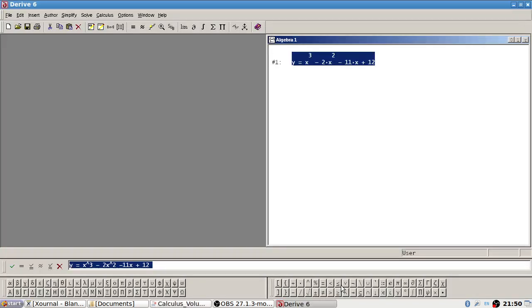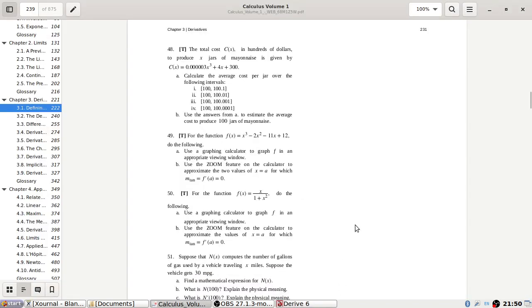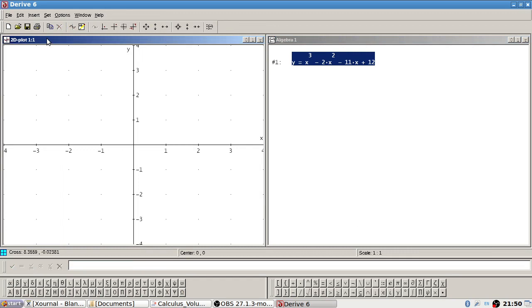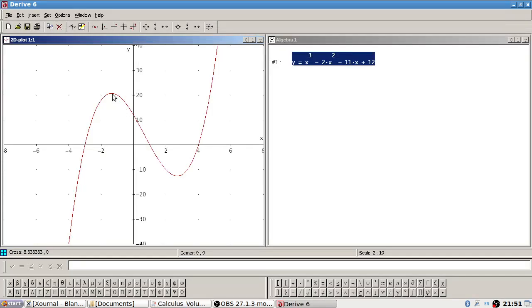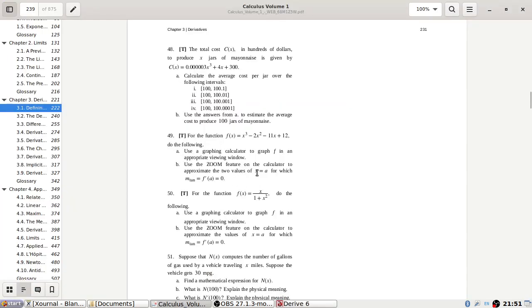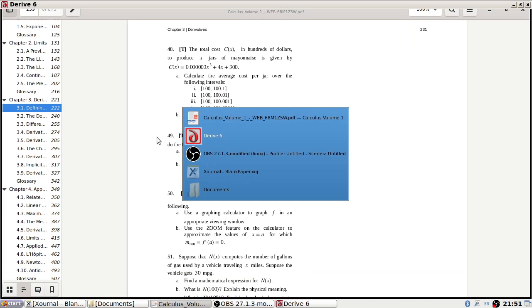Let's try that again. y equals x cubed minus 2x squared minus 11x plus 12. Graph it. Easy peasy. Zoom out a bit. Right, and then zoom in to find the two values when the derivative is 0. Two values of x.